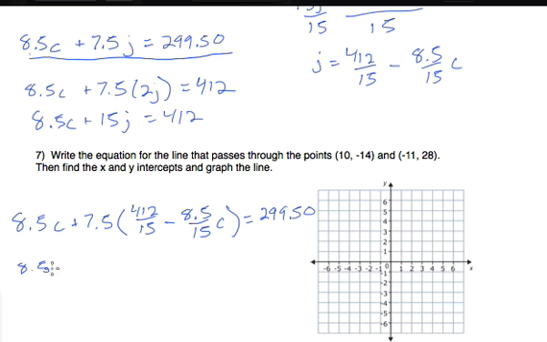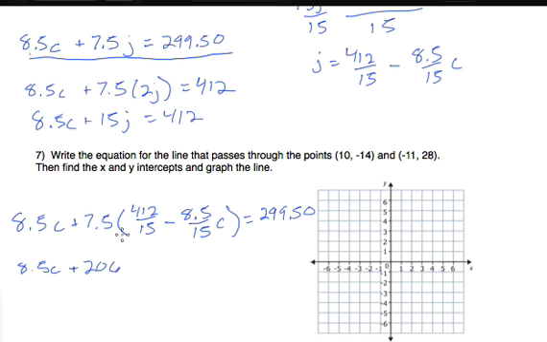All right, positive 7.5 times 412 over 15, and here's where keeping your fractions comes in handy. 412 times 7.5 divided by 15 equals, look at that, a nice beautiful number, 206.